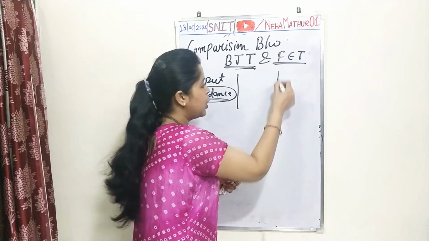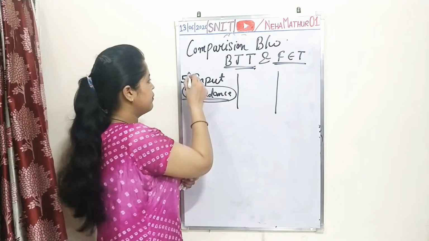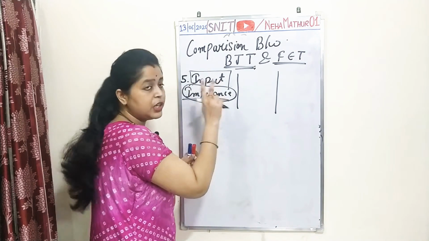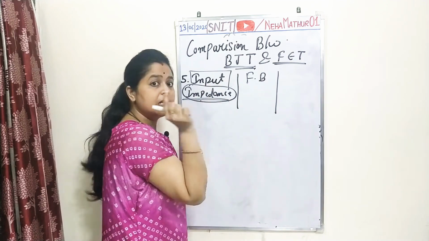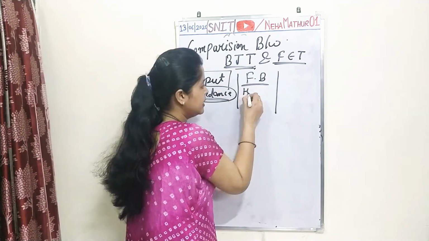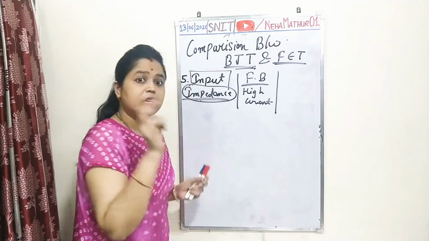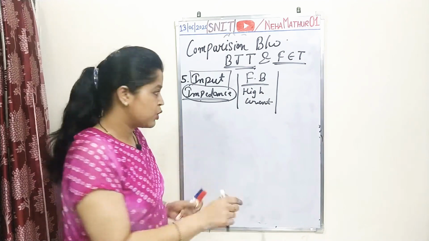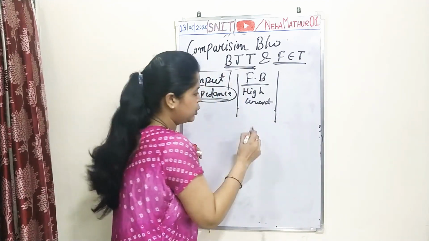Now how will you define the input impedance? The input impedance is defined with the help of biasing. For BJT you use forward biasing at the input side, that means high current, and if the current is high in amount, that means the disturbance is less. So the input impedance for BJT is going to be low.